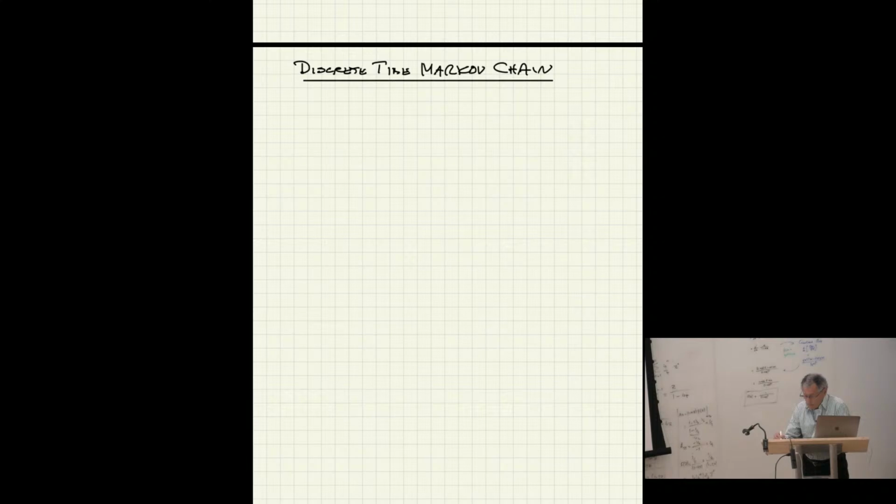Having said all that, I finally want to now get to something called a discrete time Markov chain. In some classes, this is where queuing theory begins.